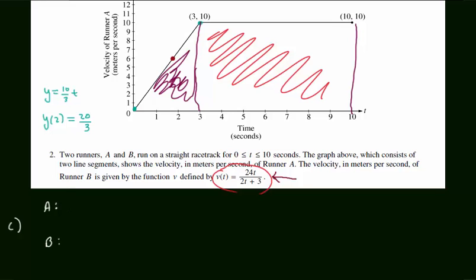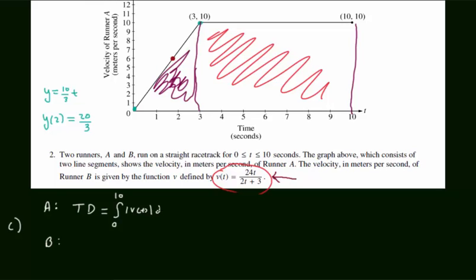Finally, in part C, the question wants to know what is the total distance traveled by each runner. So for runner A, in total distance, we don't care where they started, we just want to know how far they went from wherever they started. So the total distance is going to be the integral from 0 to 10 of the absolute value of v of t.